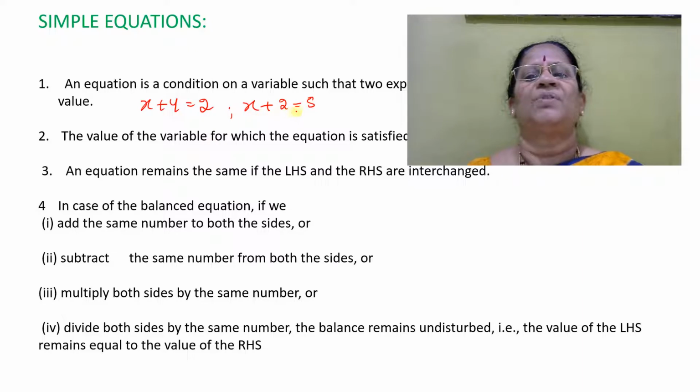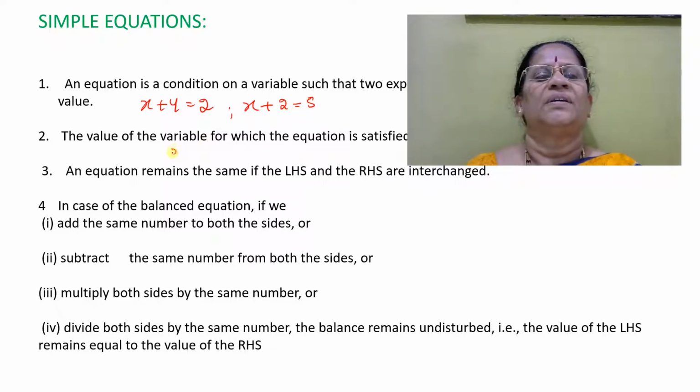For example, consider this: x plus 2 is equal to 5. If you transpose 2 from LHS to RHS, then it becomes 5 minus 2, which is 3.